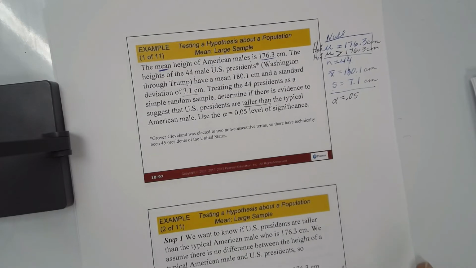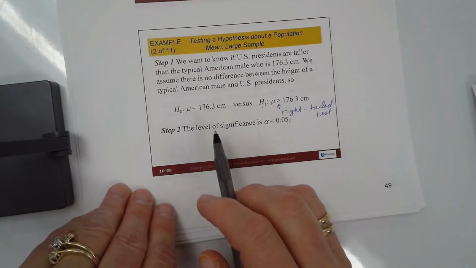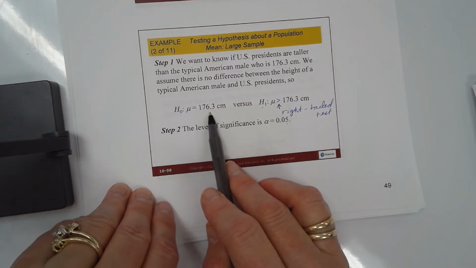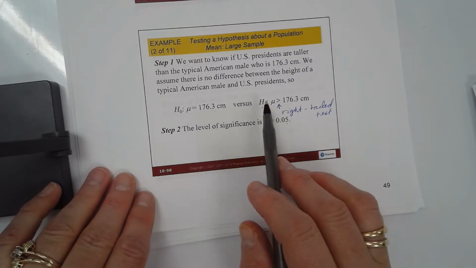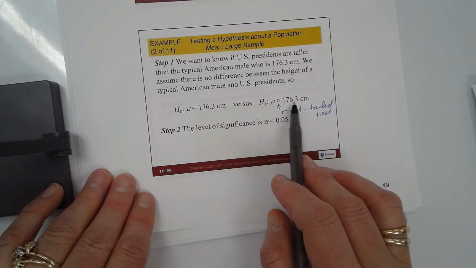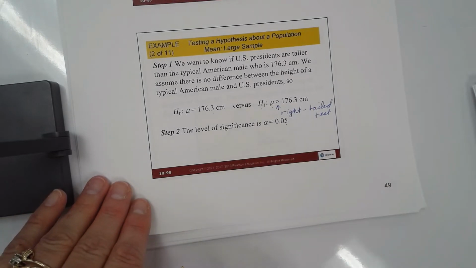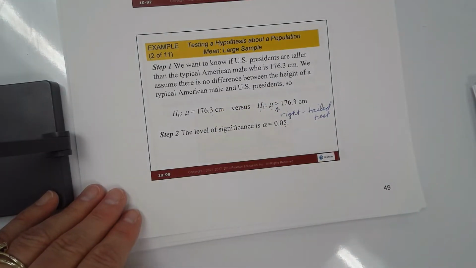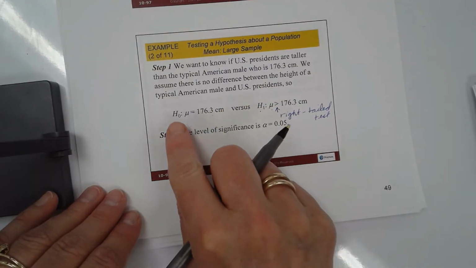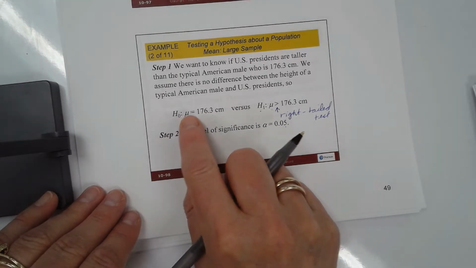All right. So we have our mean is 176.3 for our null hypothesis, and that it's greater than 176.3 for our alternative hypothesis. Do not just write H naught equals 176.3. H naught is just like a title for this.